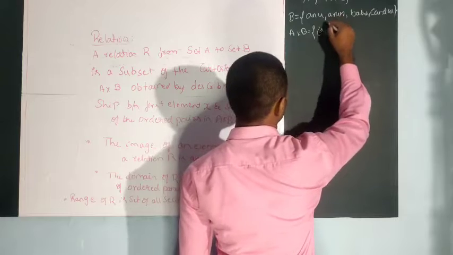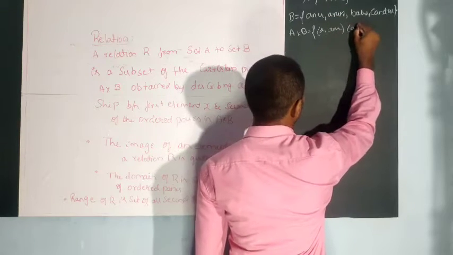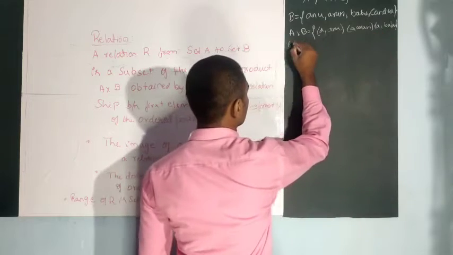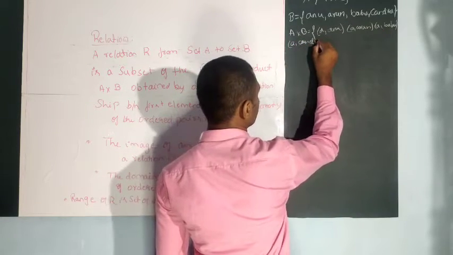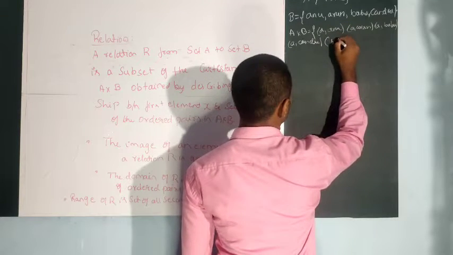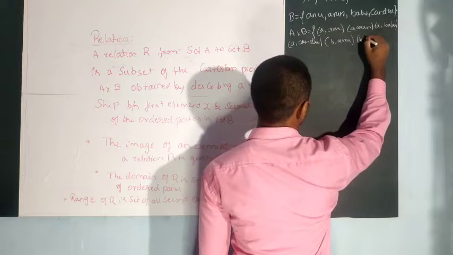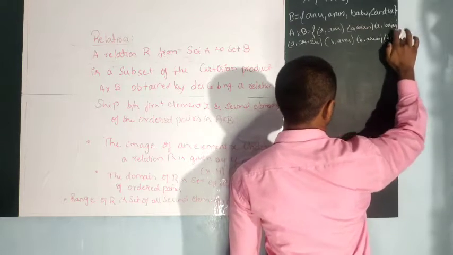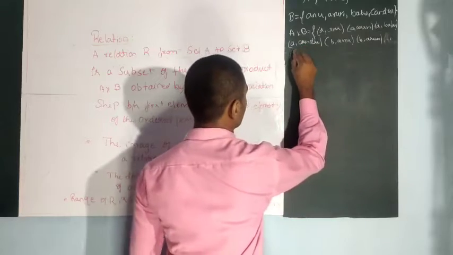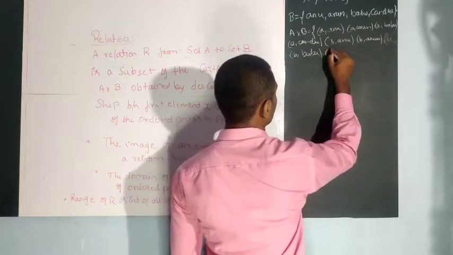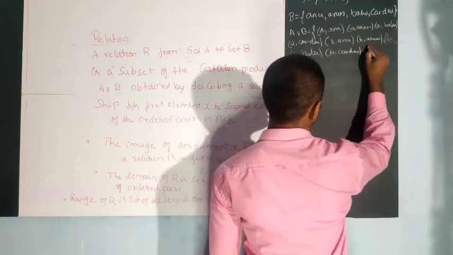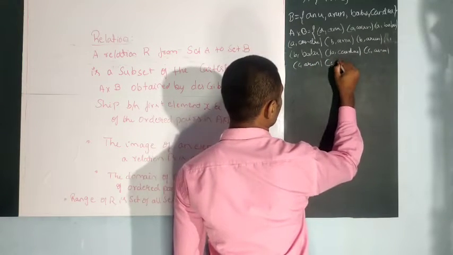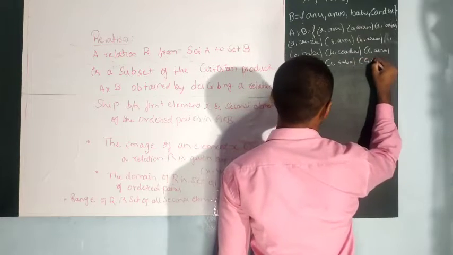So using the ordered pairs, the first ordered pairs are A comma Anu, A comma Arun, A comma Babu, A comma Chandru, then B comma Anu, B comma Arun, B comma Babu, B comma Chandru, then C comma Anu, C comma Arun, C comma Babu, and the last element is C comma Chandru.